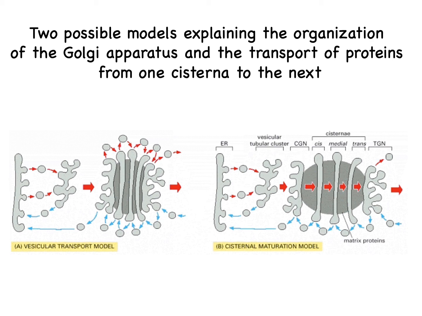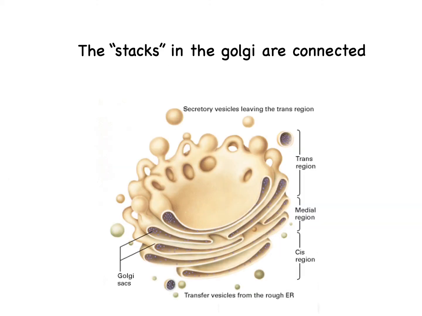And it turns out neither one of these models is true, that actually the Golgi stacks are all connected to each other. And so proteins move around in the Golgi from the cis side to the trans side just by moving through the membrane.